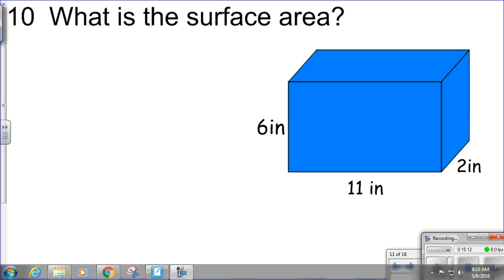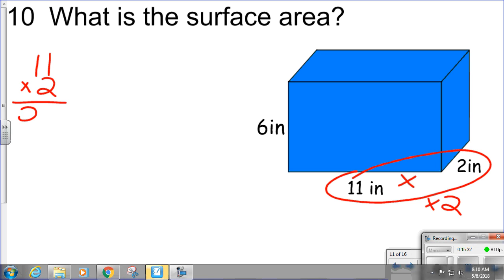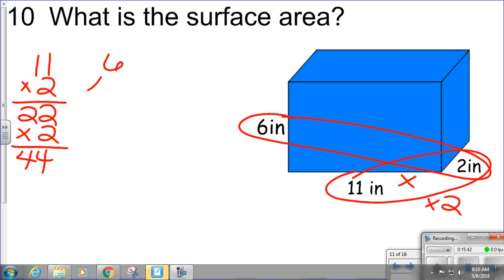Okay, this question is surface area. We don't want to use that big formula, SA equals 2 length times W plus 2 length times width plus 2 width times height. Okay. We just want to circle, double. So 11 times 2, 22 times 2, 44. I want to circle two other numbers. 6 times 2, 12 times 2, 24.